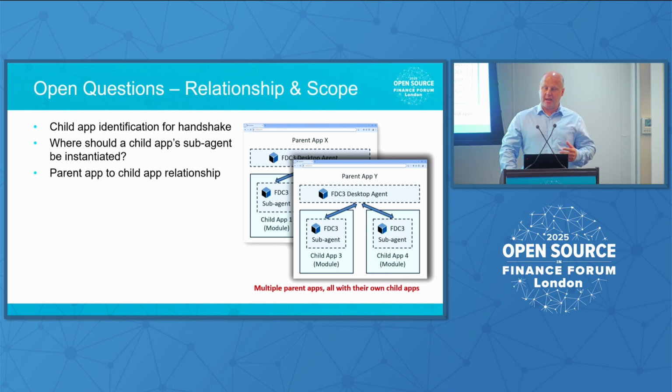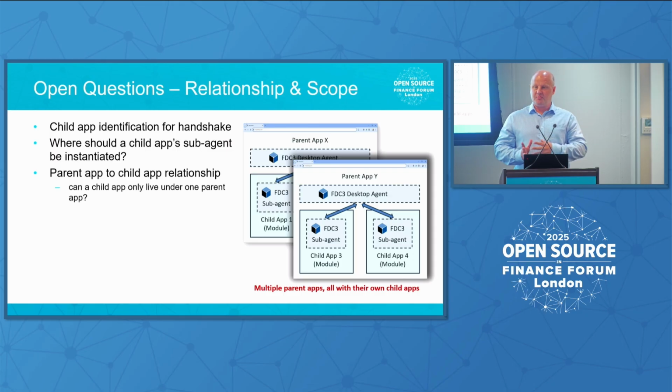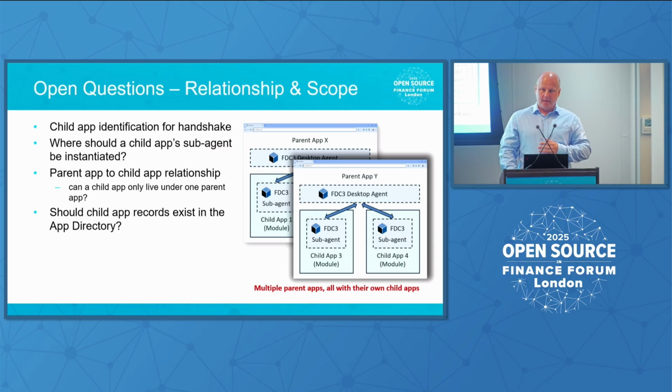There's also a question about the parent app to child app relationship. For example, should a child app only be able to exist under one specific parent app, or should it be possible for that child app to also be run under a different child app? Related to this, there's a question of whether the child app record should exist in the FDC3 app directory in the same manner that regular app records do today.